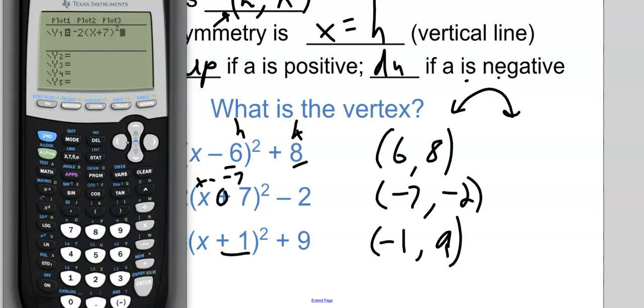Oops, minus didn't show up. And hit graph, and you can see where the vertex is. It's over on the left side, and it's down.